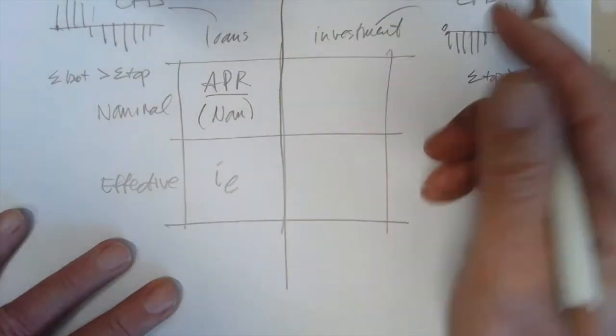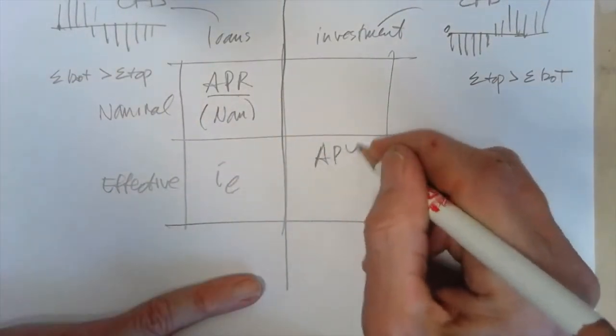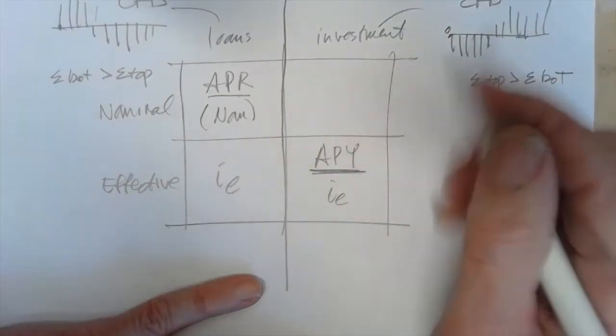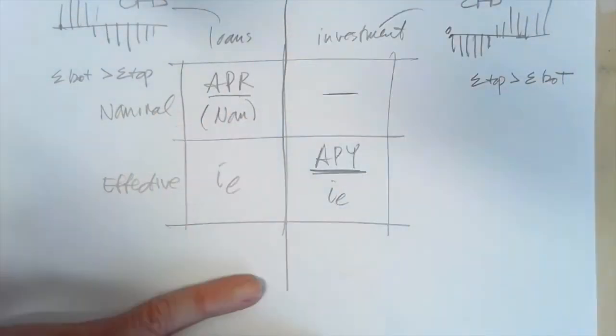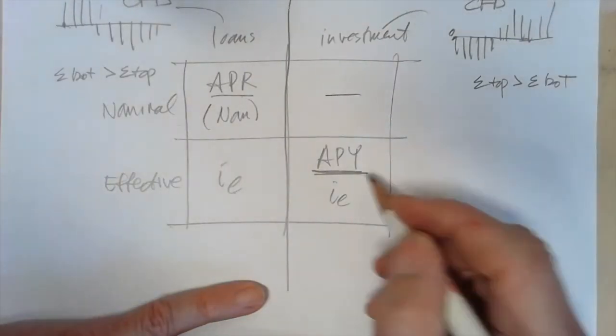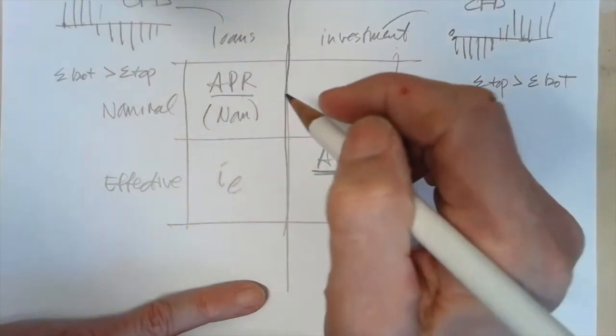For an investment, nobody ever says APR. They say APY, annual percentage yield. And usually for an investment, nobody ever talks about nominal. Well, sometimes, but mostly not. So remember, make sure that you use APY only with investments and APR with loans.